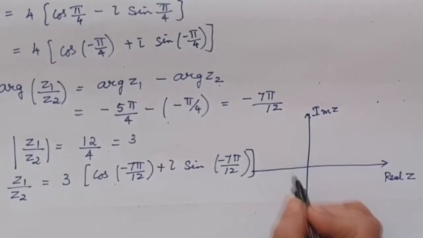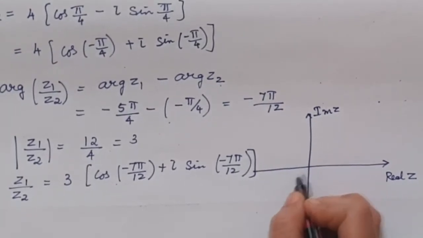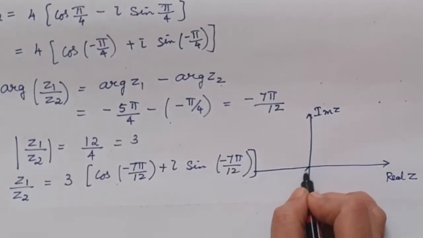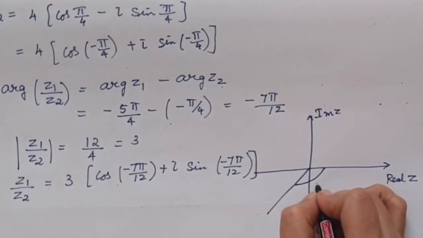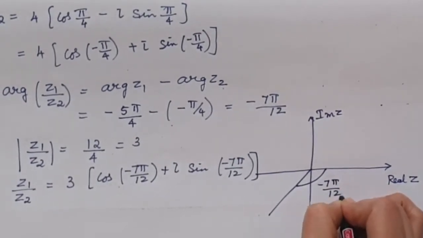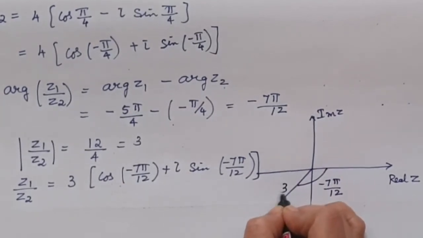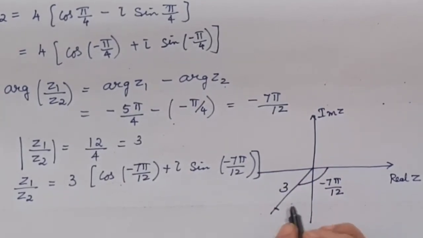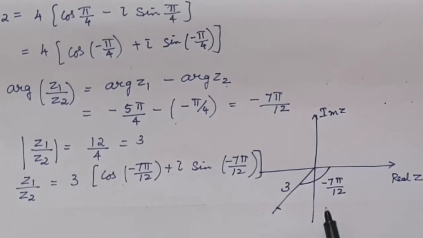Negative is in the clockwise direction. So we come down. This is pi over 2, so 7 pi over 12 will be over here. So this angle is minus 7 pi over 12, and then the magnitude is 3. So automatically this length has to be 3. This is the way we represent this complex number in the Argand diagram.